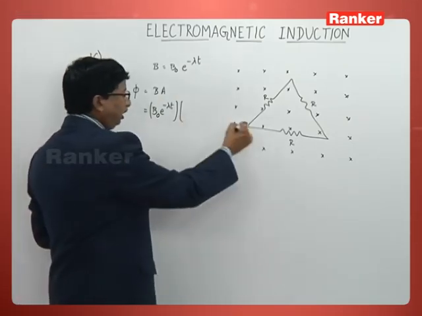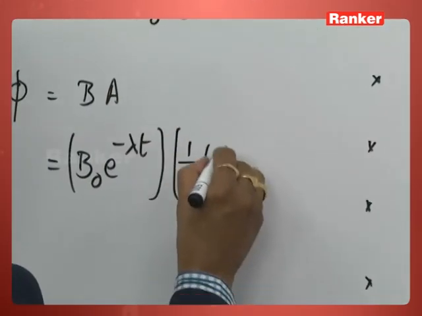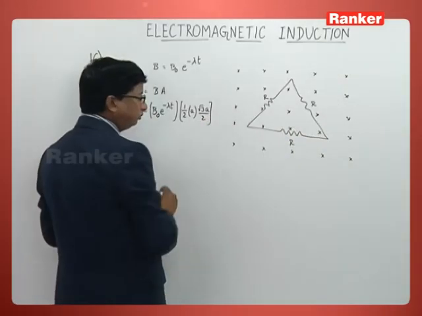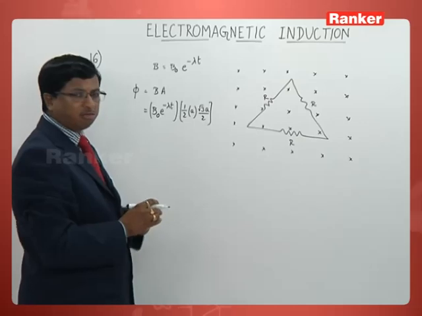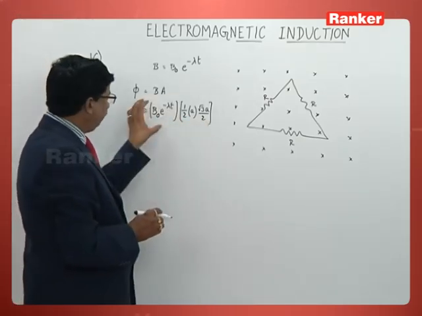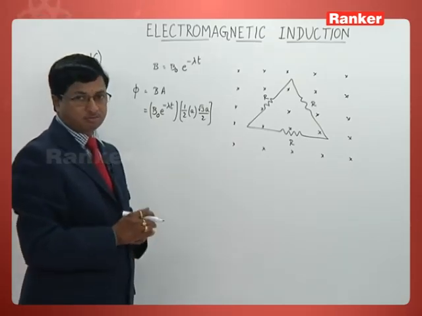Then what will be the area of this triangle now? Half into A into root 3 A by 2. Simply speaking, half base into height, nothing else. So this is actually the formula for magnetic flux.